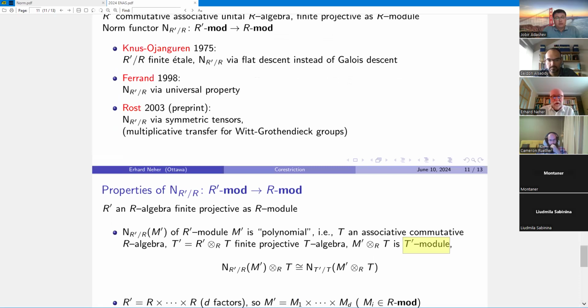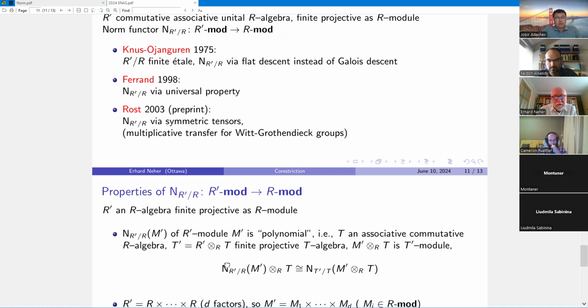preserves tensor products. Namely, I can first take the norm of M prime. This is on the left-hand side here. This gives me an R module, then I take the tensor product with T, which gives me a T module.